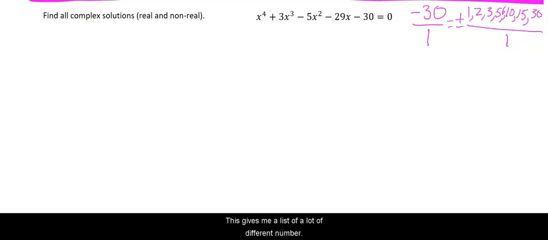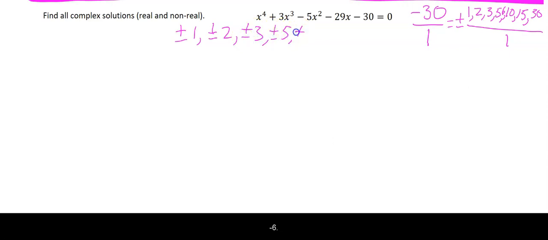This gives me a list of a lot of different numbers: plus or minus 1, plus or minus 2, plus or minus 3, plus or minus 5, plus or minus 6, plus or minus 10, plus or minus 15, and plus or minus 30. That's 16 different numbers.